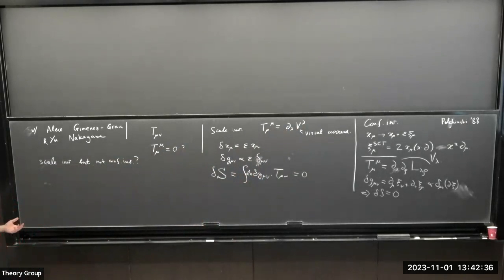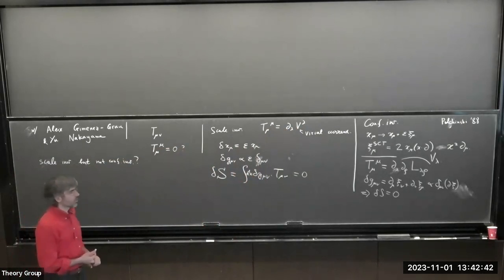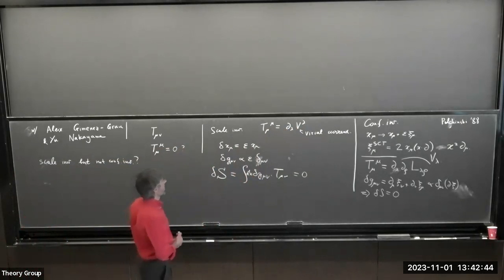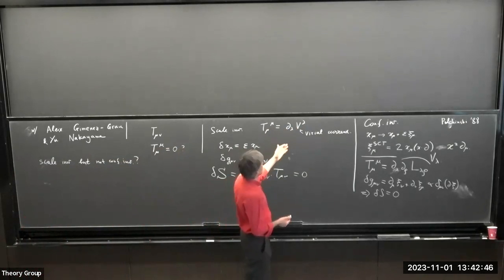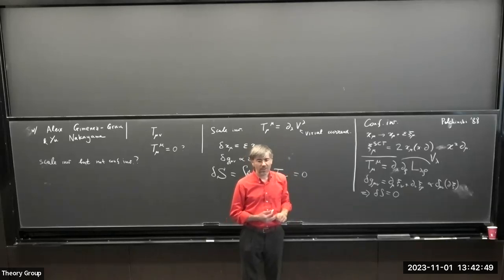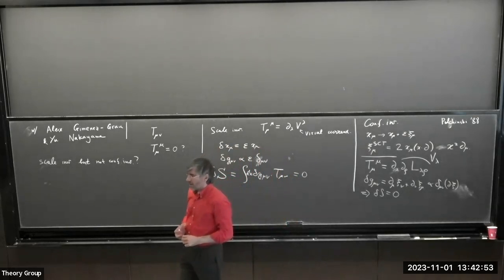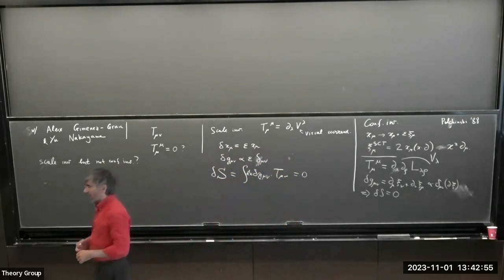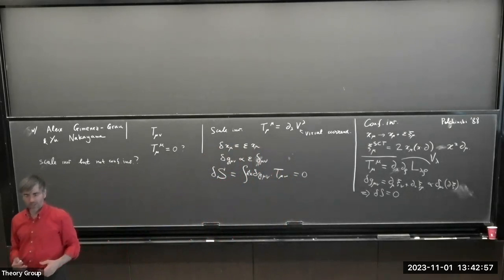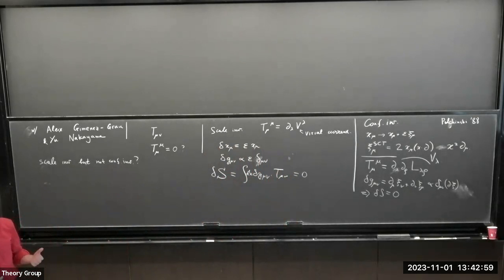So now you can ask yourself, how likely is it that in a theory you are going to have a current operator which has dimension d-1, and yet it is not conserved? Well, you may think that this is not very likely, at least if your theory is interacting. Because if your theory is free, maybe this can happen.